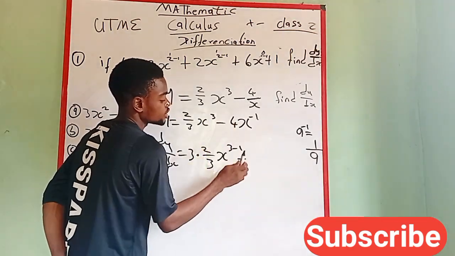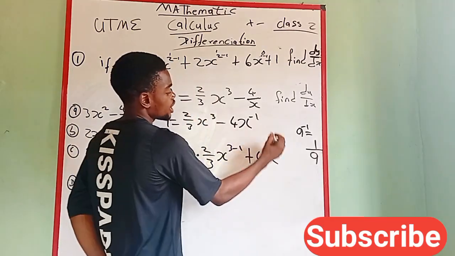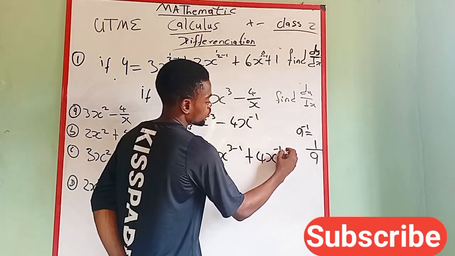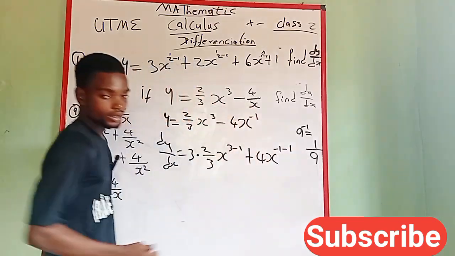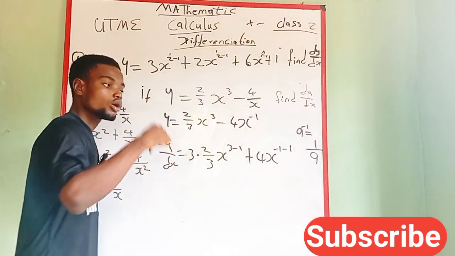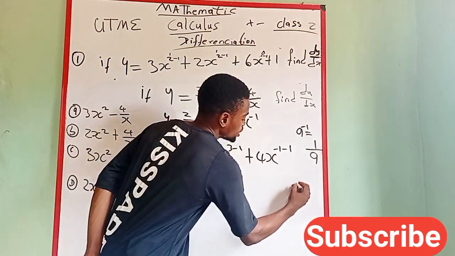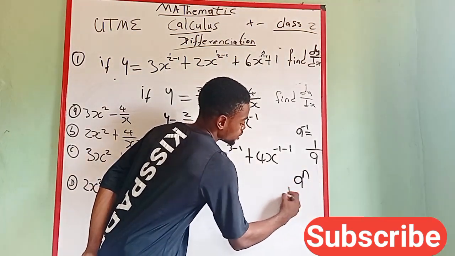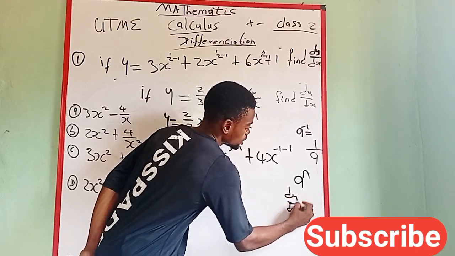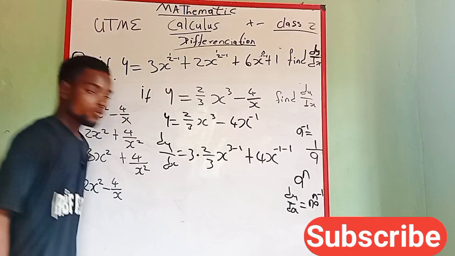Now, -4 times the negative gives us plus 4s raised to the power of -1 minus 1. This -1 is from the general rule in differentiation, which says if s is to the power n, to differentiate dy over ds, you bring down the n and for the power, you subtract 1 from n.